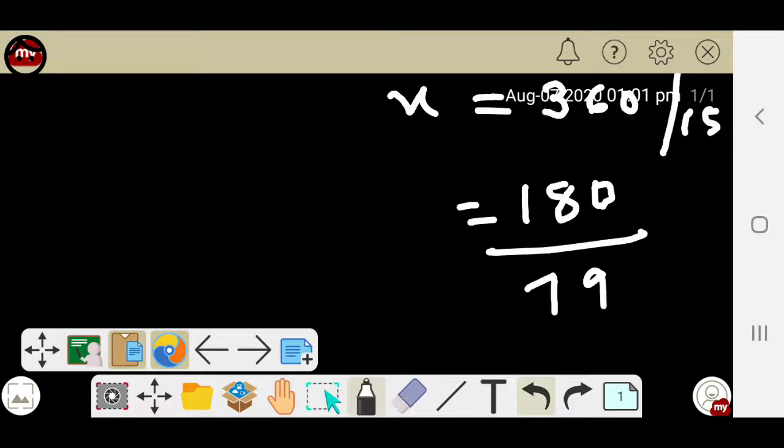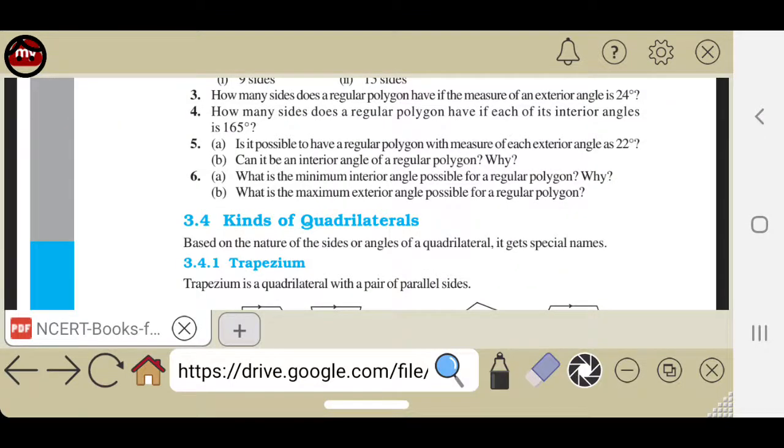Okay, the next question is: what is the minimum interior angle possible for a regular polygon? Dear children, we have to consider a regular polygon having the minimum number of sides.